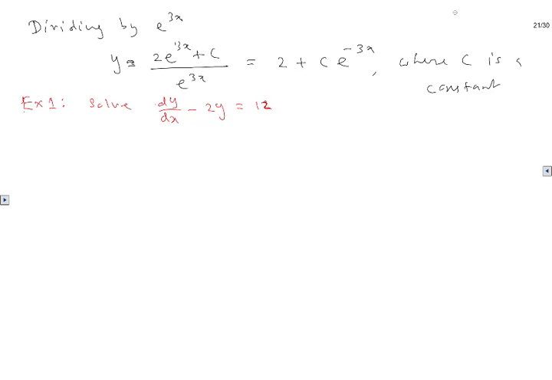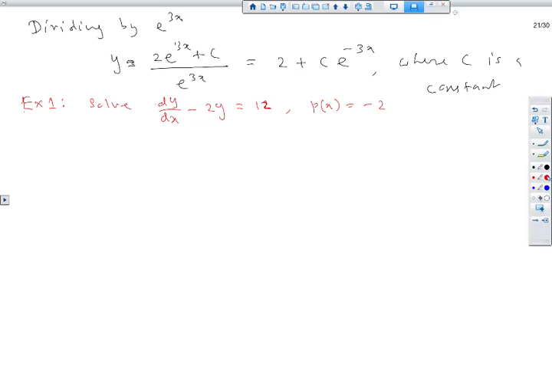You can see that in that case P(x) is negative 2, not 2 but negative 2. So P(x) in this case simply becomes negative 2. Just do the same thing and you can see the solution in the description. So let's go to the next example.